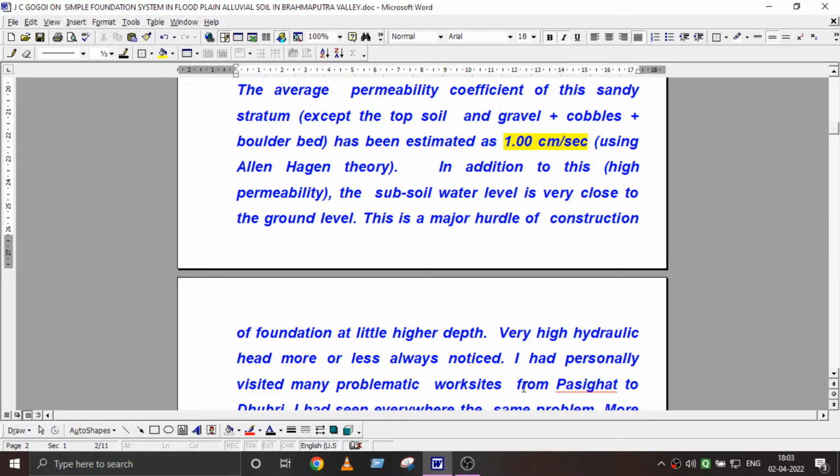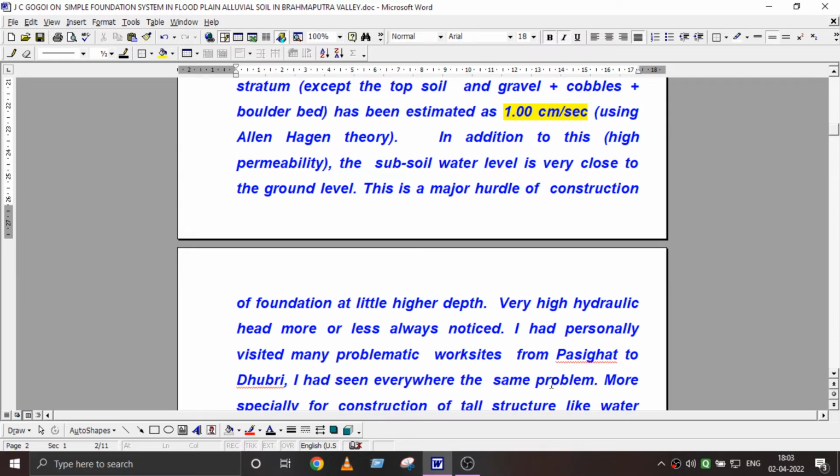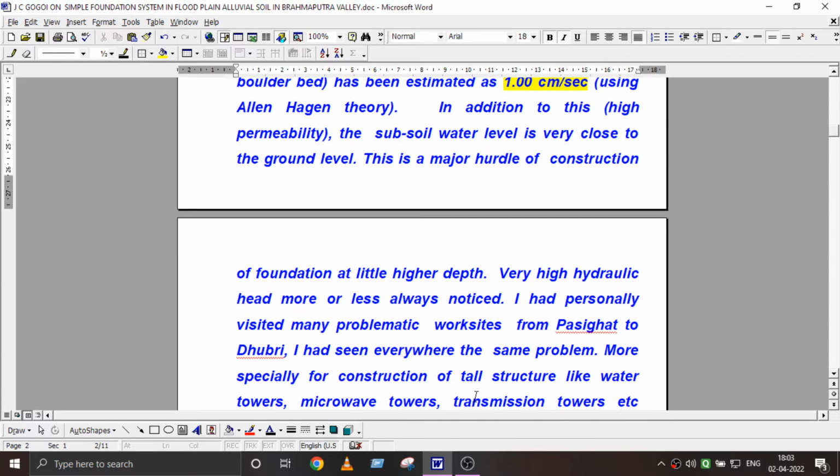I have personally visited many problematic work sites from Pasighat to Dhubri. I had seen everywhere the same problem. More specifically, for construction of tall structures like water towers, overhead reservoirs they are constructing, and microwave towers.